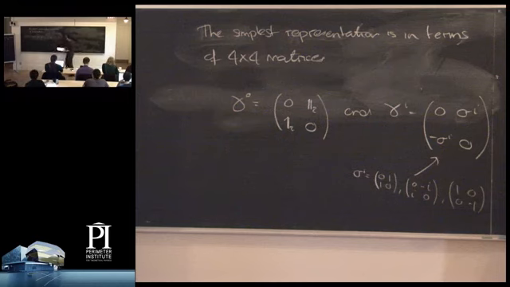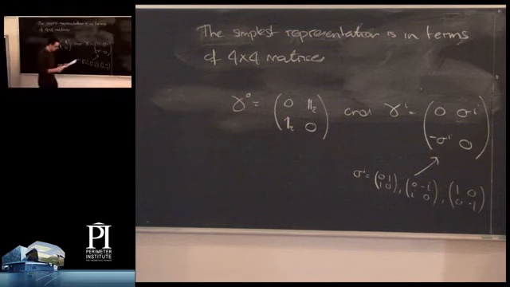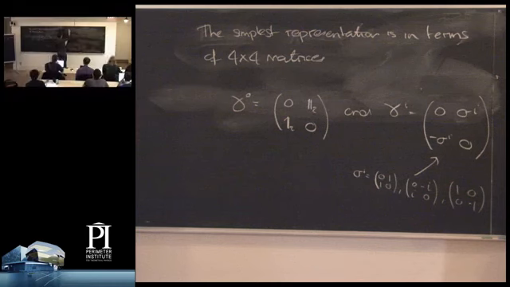Now, these aren't the only solution to these equations. You can see that trivially, because if I multiply each of these gammas by a U matrix here and a U inverse here, that's also guaranteed to solve the same equations. So there are many other representations.